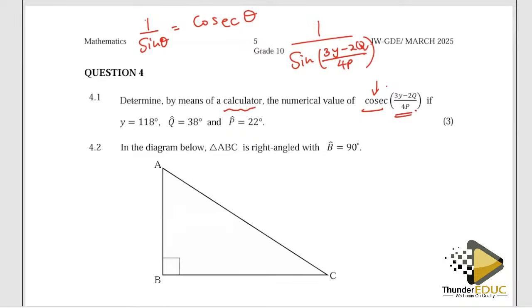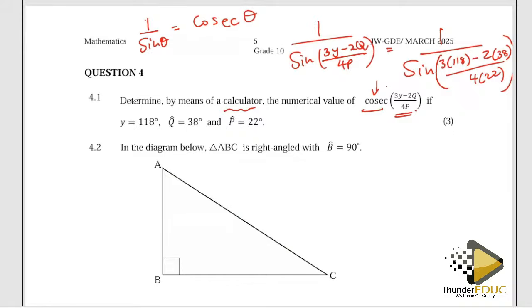Okay, so what I'm going to do, I'll say it's 1 over the sine of, y is 118. So that's going to be 3 into 118 minus 2q, which is 2 into 38. Just use brackets, please, now. Over, this is 4p, which is 4 times 22.